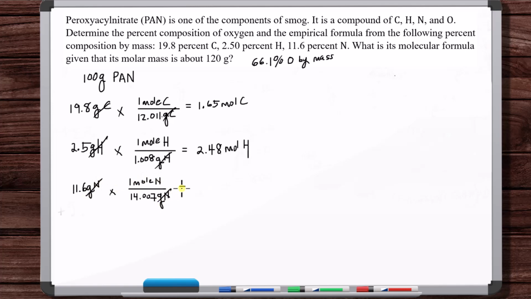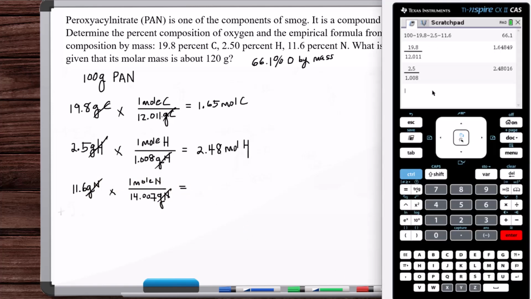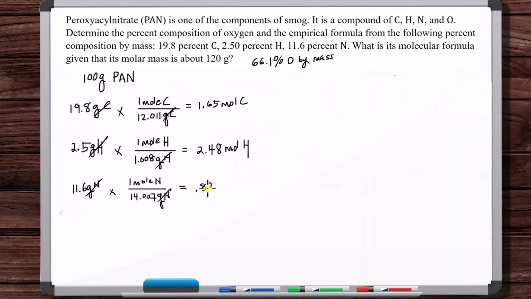That gives 0.828 moles. And now what about oxygen?